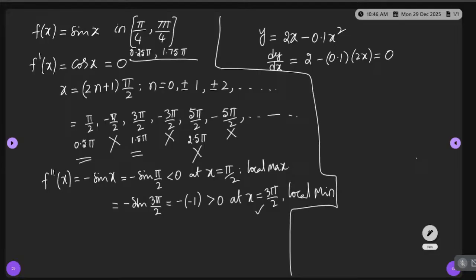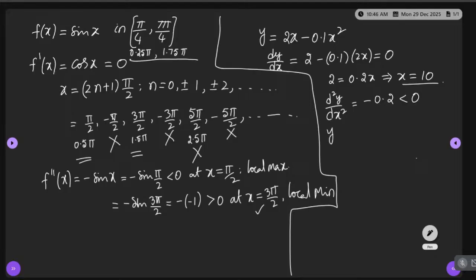So 2 equals 0.2x, so x equals 10. At x equals 10, you may get the maximum. Then d square y by dx square is minus 0.2, which is obviously less than 0.